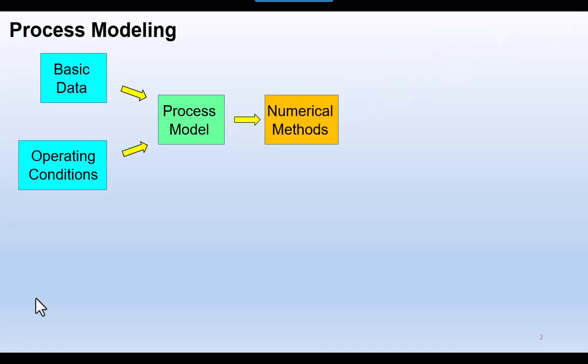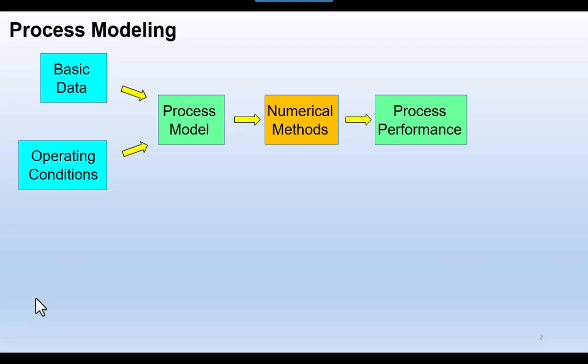In order to solve this model, we have to collect basic data for the model, and we have to specify operating conditions, those things that might change for different sets of operations. And then we apply numerical methods. This is where MATLAB comes in, in order to make a prediction of process performance.